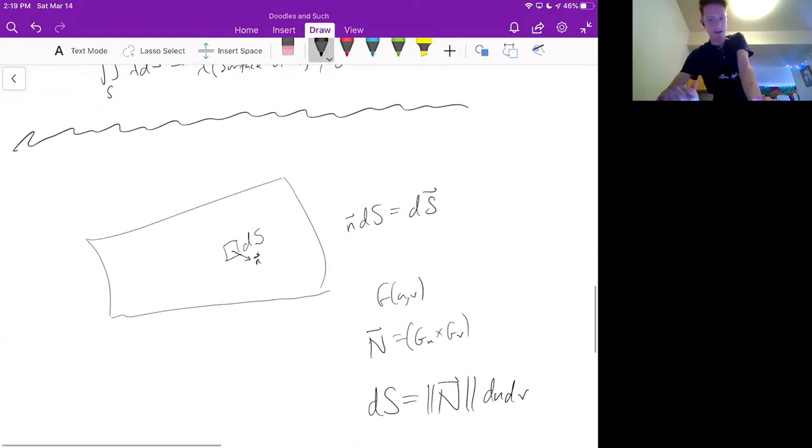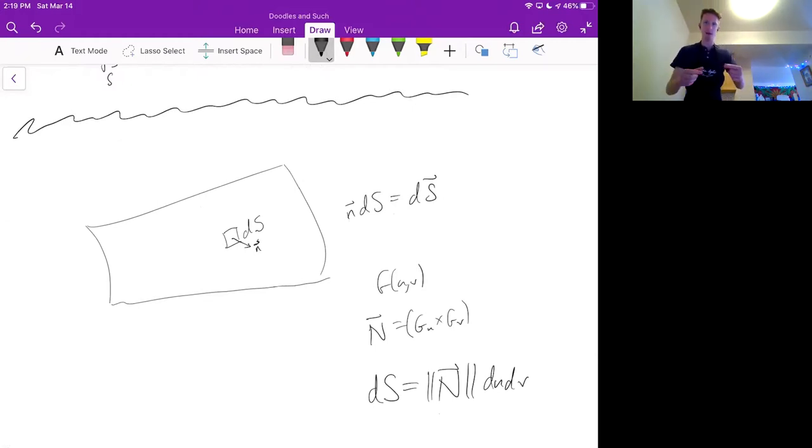If you have a parameterization, then this is true. The differential area dS is given by a little change in u, a little change in v, but then times like how fast your parameterization is traveling across the surface. And that's given to you by this normal vector here.